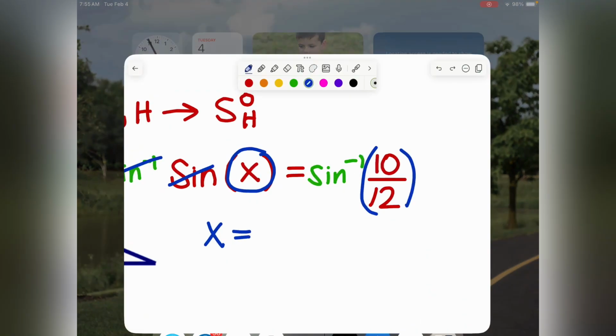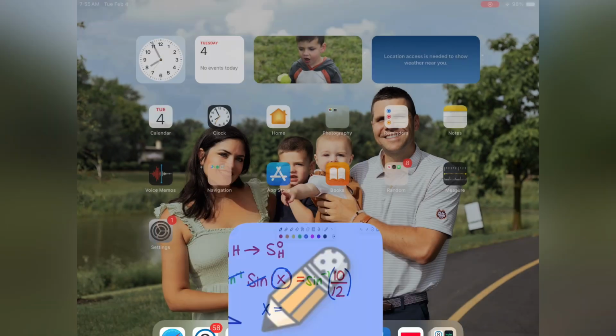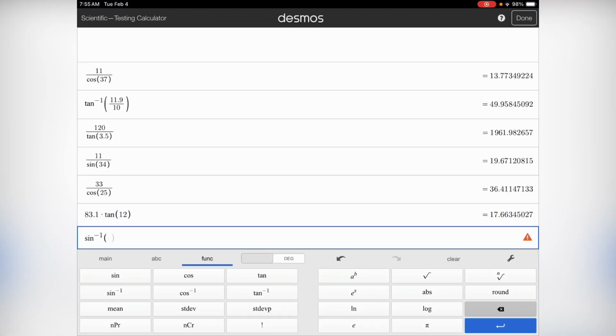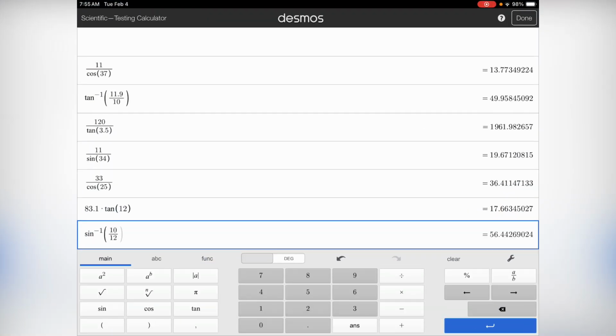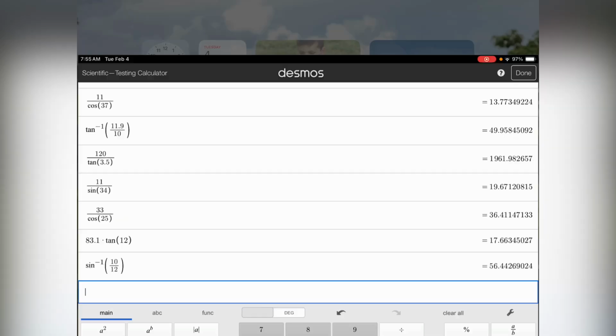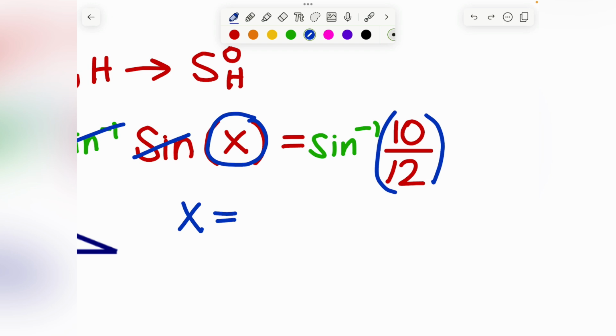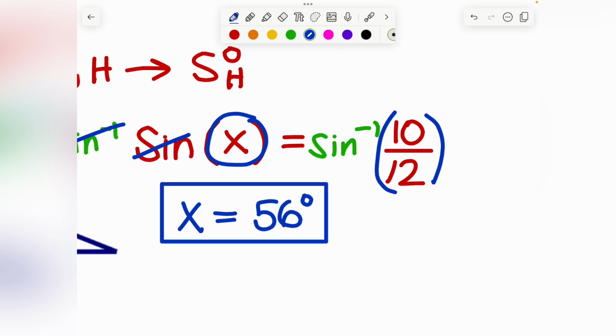I already forgot the problem. Sine inverse of 10 over 12. So I'm going to go back to main and hit 10 divided by 12. And boom, I have my answer, 56.44. For these ones, they want us to round to the nearest degree. So we'll just say 56 degrees.